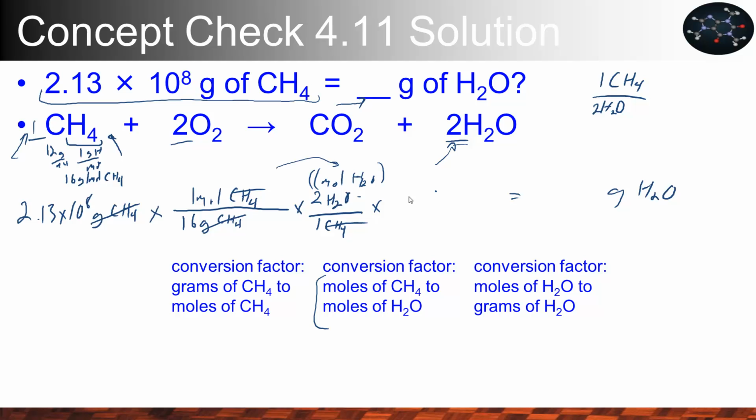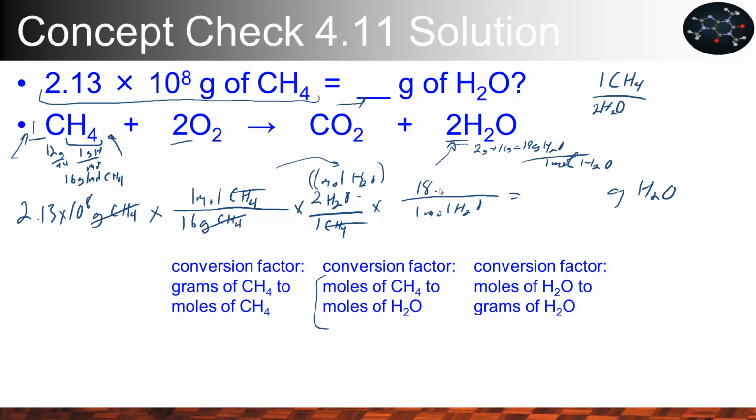And now we want to go back to grams. So we say 2 hydrogens at 1 apiece is 2 grams, 1 oxygen at 16 grams. So that's 18 grams of water for every 1 mole of water. It's the molecular weight of water. Moles are what we have currently, so that has to go on the bottom, 1 mole of water.